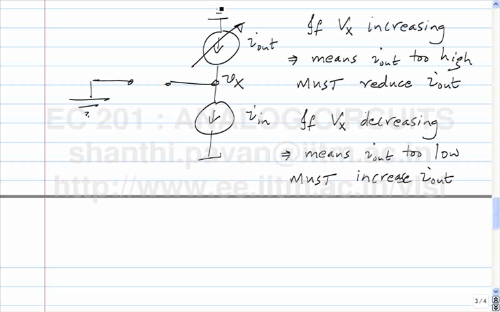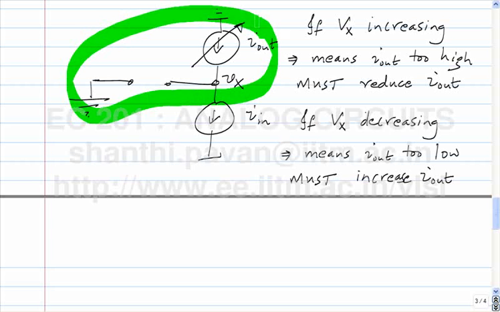If Vx is too high, then I reduce I out. In other words, the variable current source is a current source which is controlled by the difference between the potential at this node and the potential at Vx.